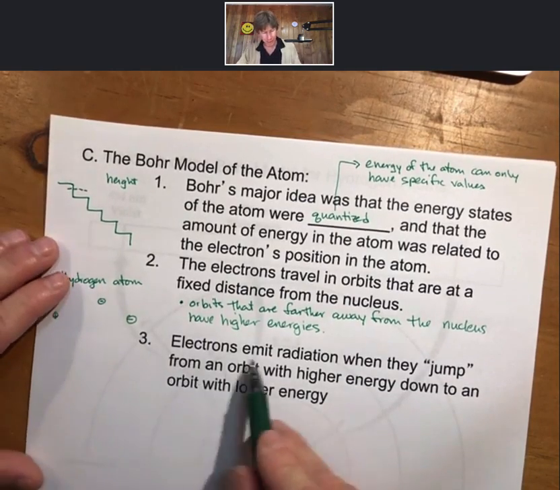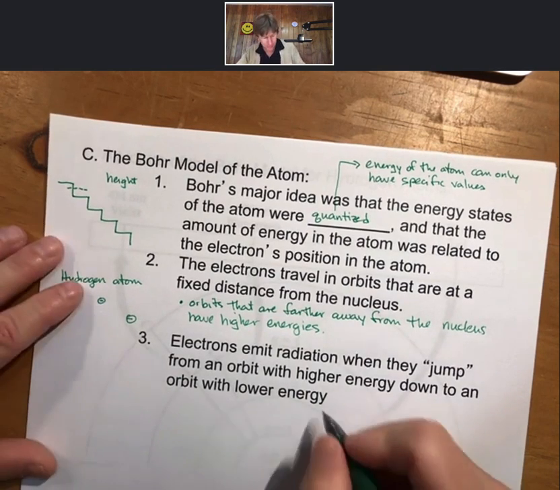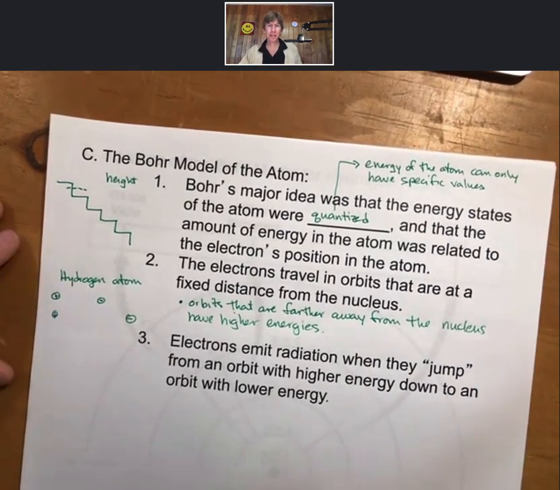energy. 3, electrons emit radiation when they jump from an orbit with higher energy down to an orbit with lower energy. So this emission of light is going to be due to the transition of the electron from a position farther away from the nucleus to a position closer to the nucleus.